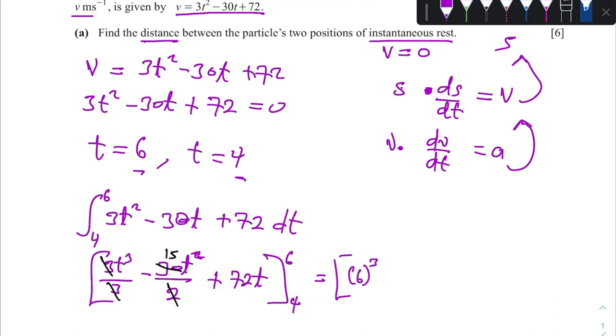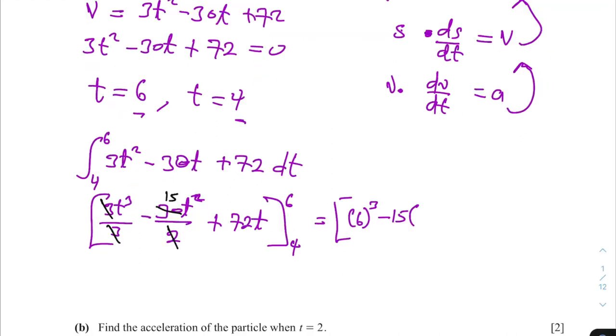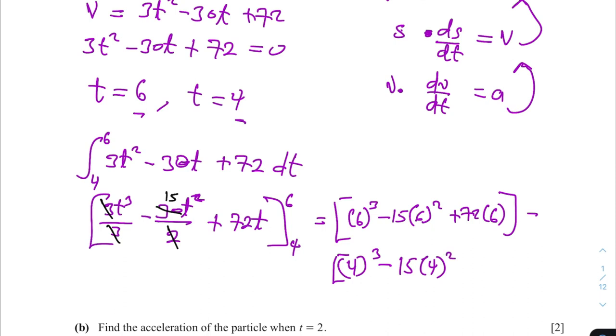So that means that we have 6 cubed, all right? And we have minus 15 into bracket 6 squared plus 72 into bracket 6, all right? Then we subtract from 4 cubed, right, minus 15 into 4 squared, and then we have plus 72 into 4.